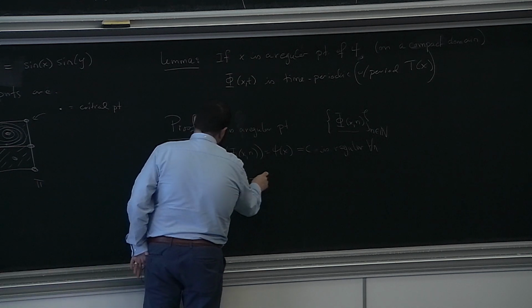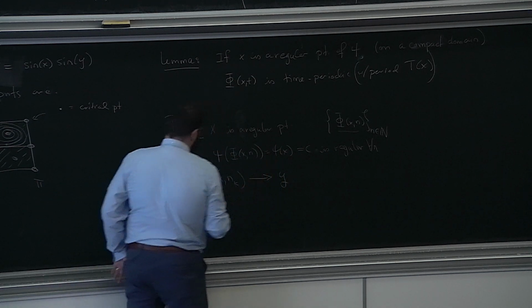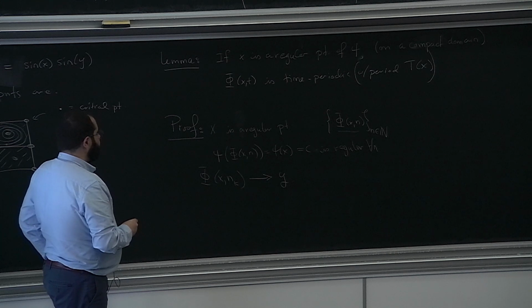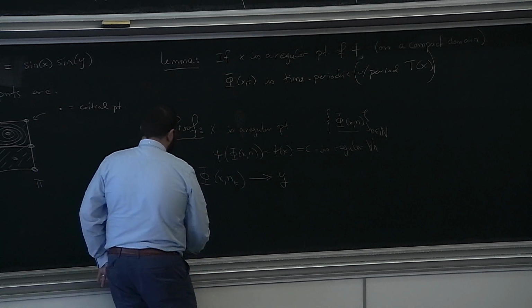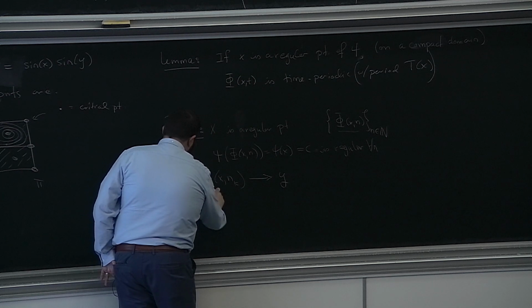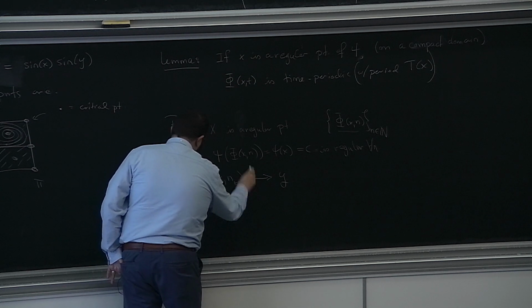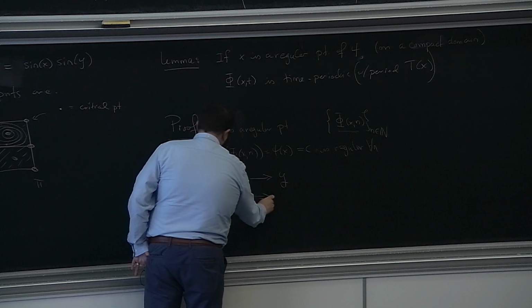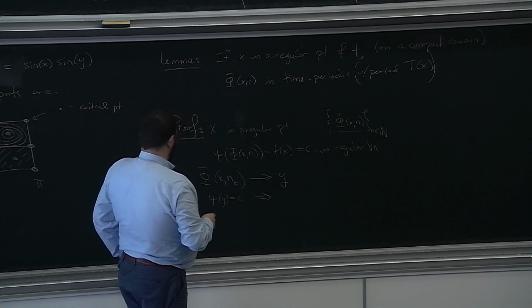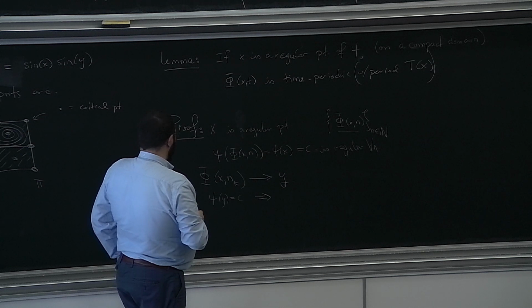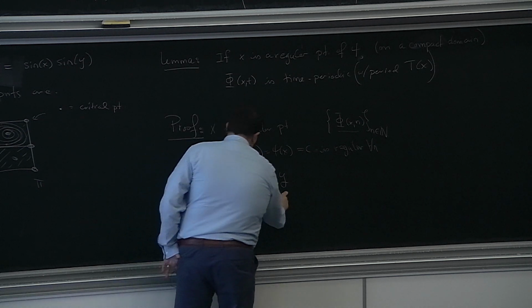They converge to some limiting point y. By continuity, so we're assuming psi is C1 everywhere, you must have that psi of y is C. And so y is a regular point.